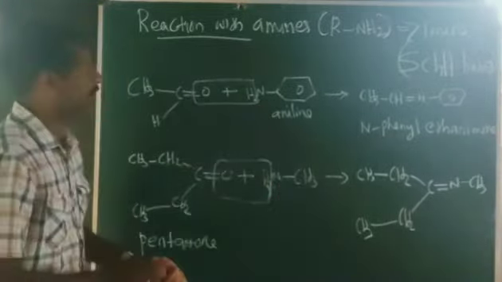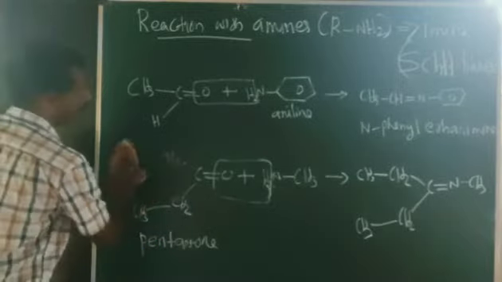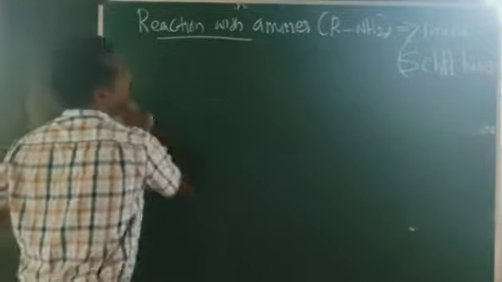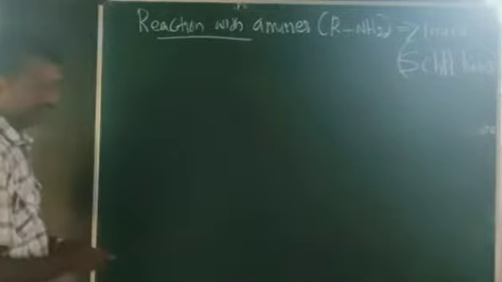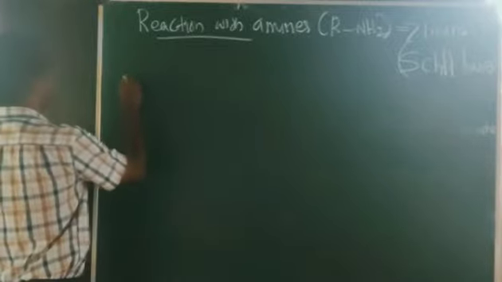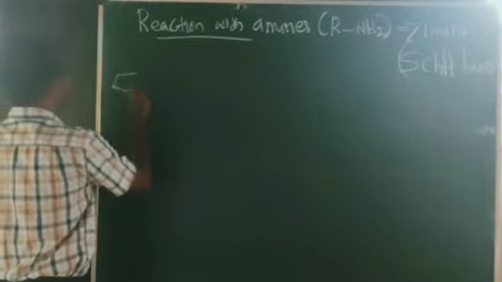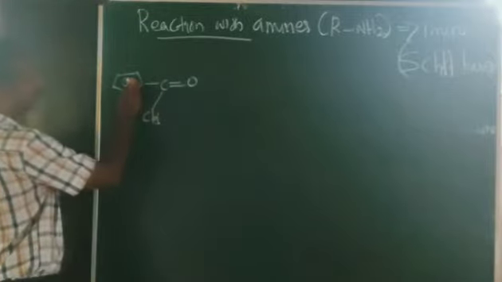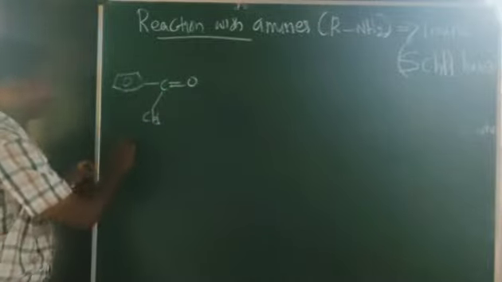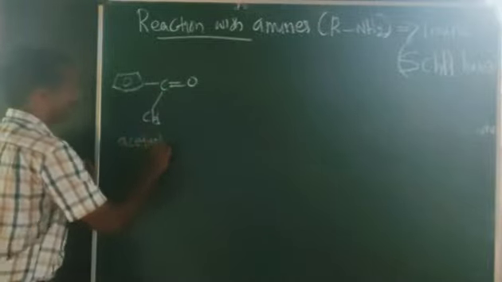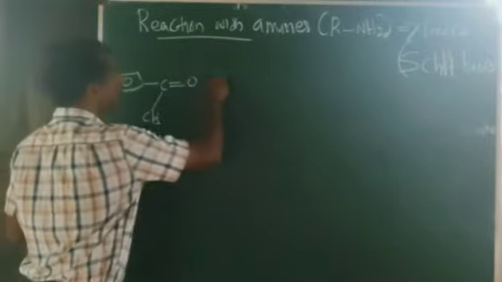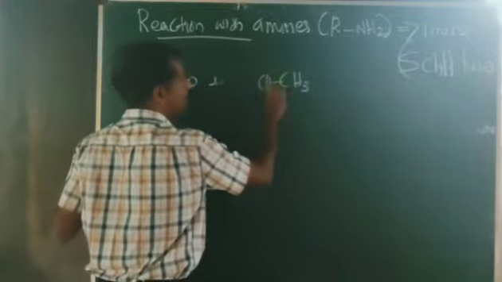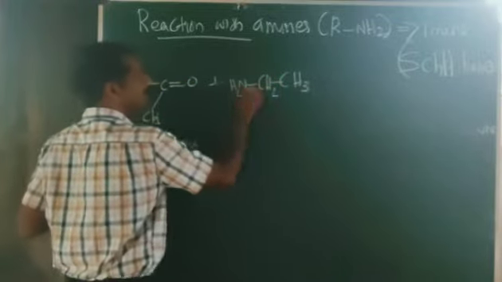Okay, if you want, we will take a few more examples. Let us consider a few more examples for reaction with amines. Next, if you take acetophenone. What do you mean by acetophenone? That means a ring, C=O, CH3. This is known as acetophenone. Acetophenone reacts with ethylamine, CH3CH2NH2.